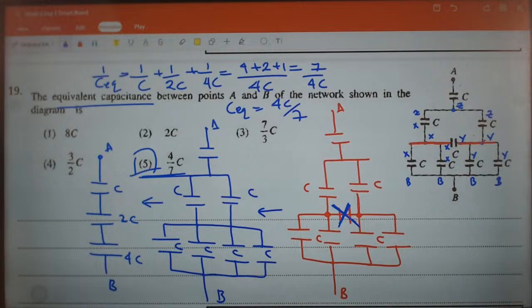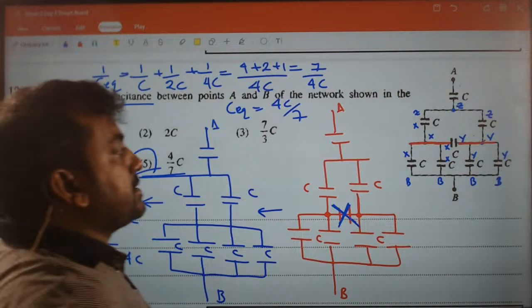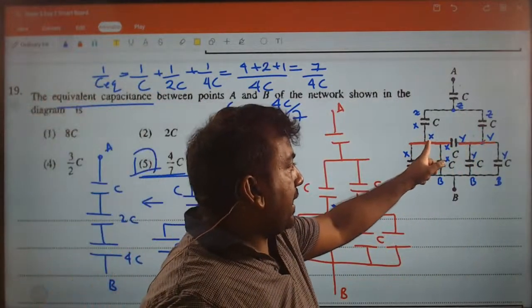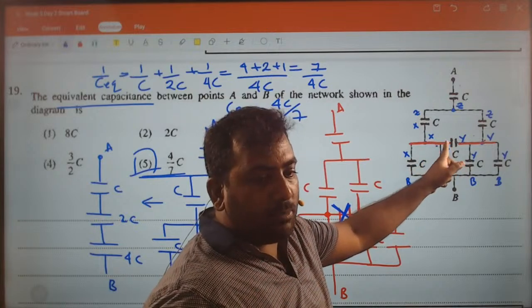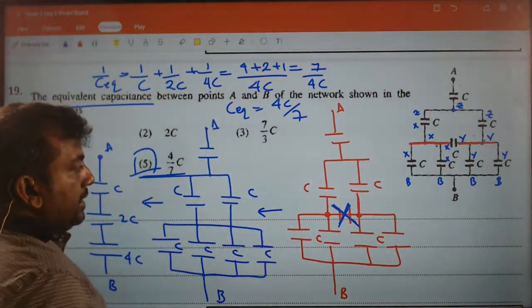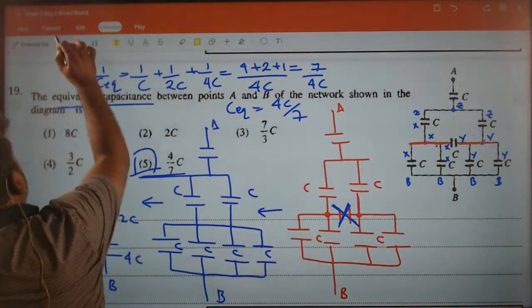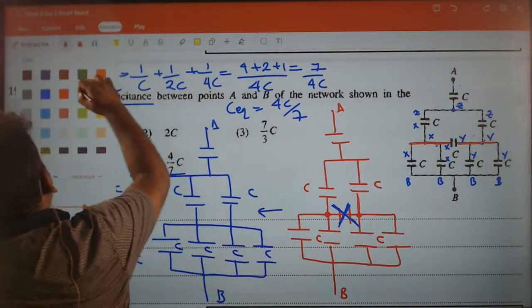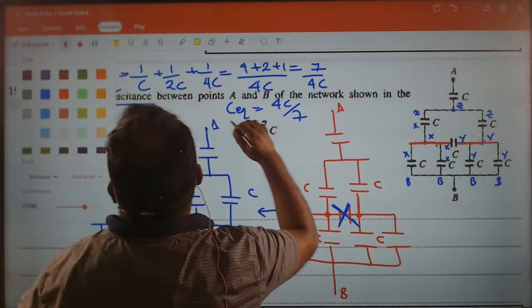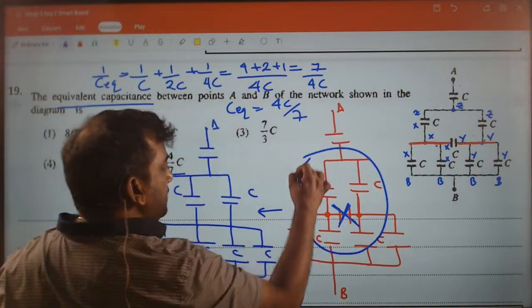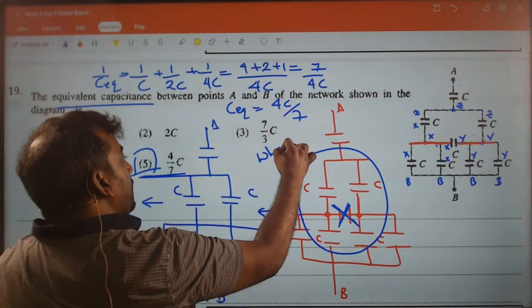Right there, we can clearly see a Wheatstone bridge created. Now why can I connect this here? The non-resistor, same potential. Why can I connect this there? Same potential. So this branch here, or even better, this branch here, Wheatstone bridge.